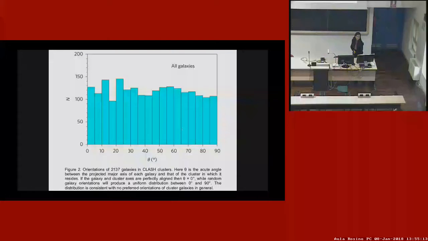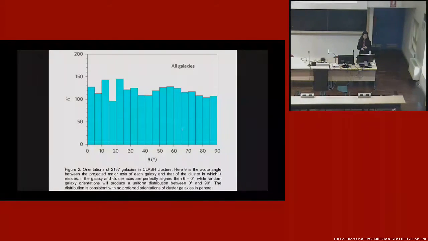So this is the histogram of the orientation of 2,137 galaxies in the CLASH cluster sample, and the x-axis, theta, is the acute angle between the projected major axis of each galaxy and the cluster they reside in.